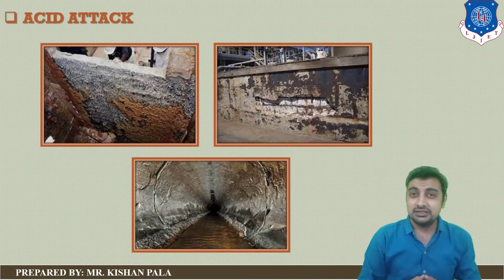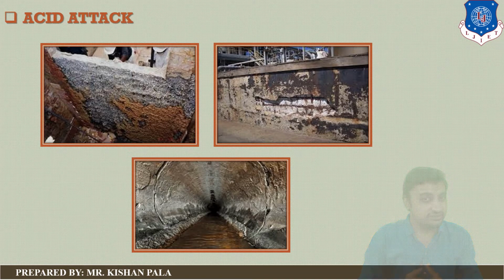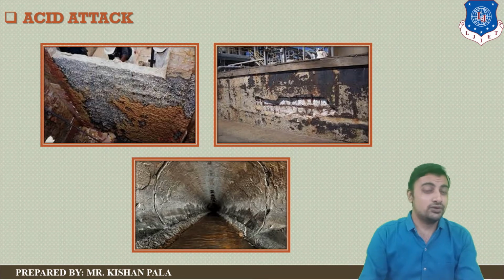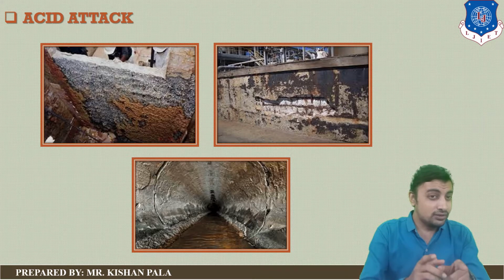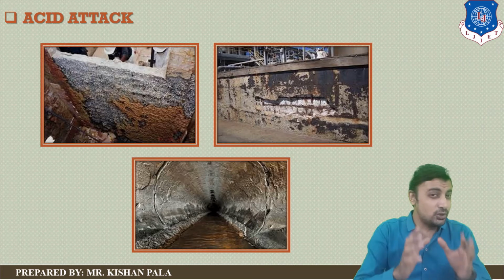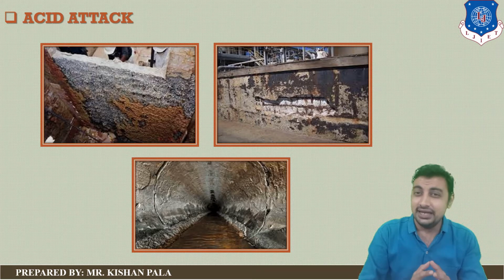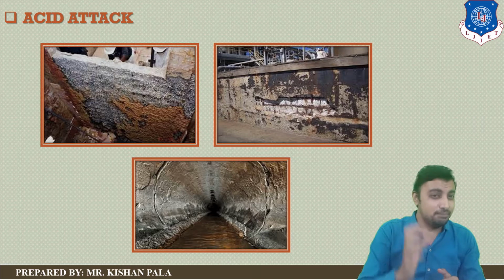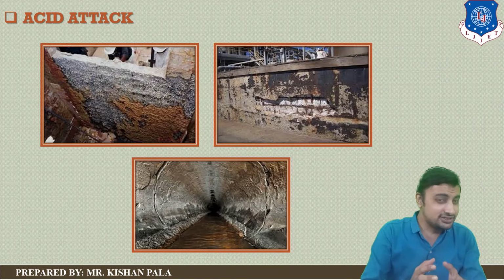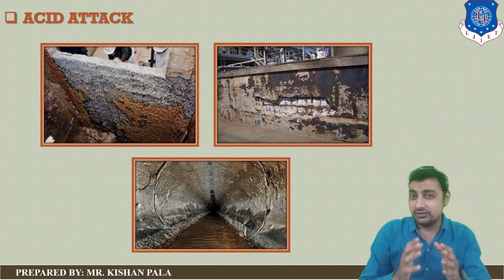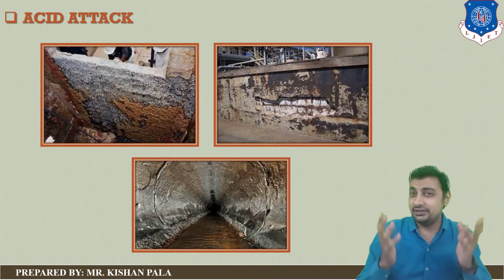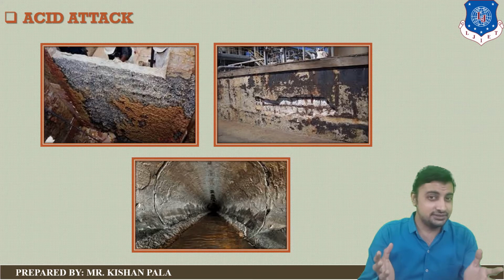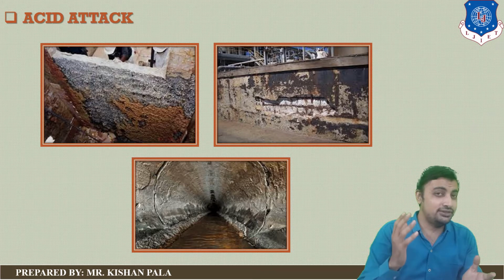Now let us discuss acid attack. You can see in the photo on your screen, concrete is used in the storage of many kinds of liquids, some of which are harmful to the concrete mass. In industrial plants, the concrete floors come into contact with different kinds of acids, which damage the floor.